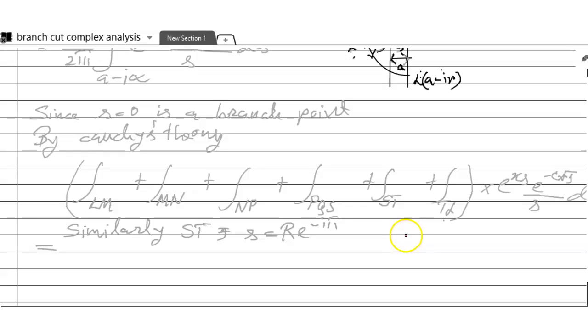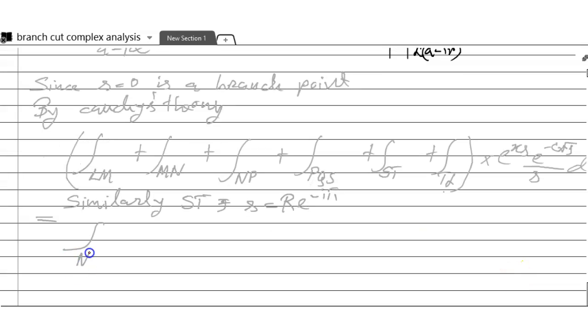So NP equals the integration from rho to epsilon of e to the power minus xr into e to the power minus i c root over r, divided by r, dr. So friends, ON is equal to rho and OP is equal to epsilon.